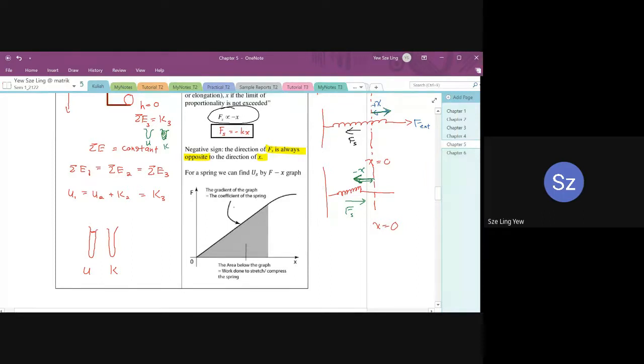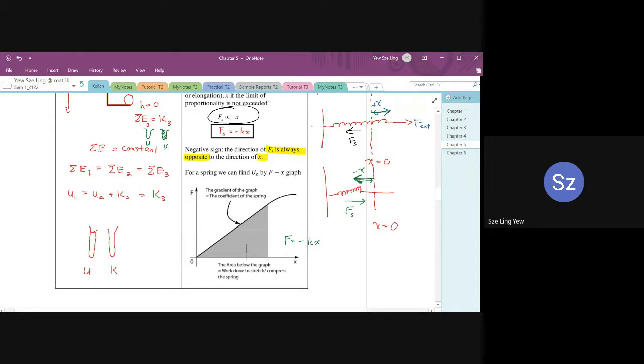The gradient of the graph represents the coefficient of the spring, because you have F equals negative kx, so the gradient represents k. And the work done is the area under the F-x graph. So by just looking at this graph, you can get two pieces of information: the area under the graph represents work done, and the gradient of the graph represents the spring constant.